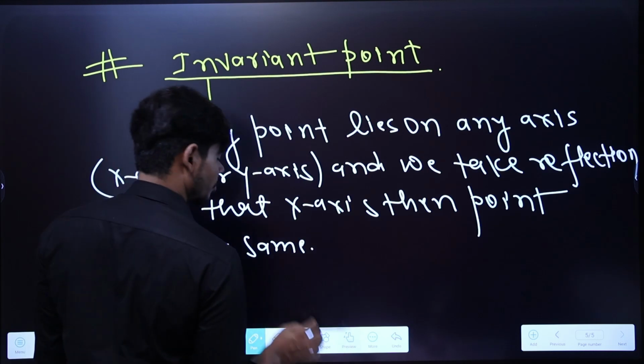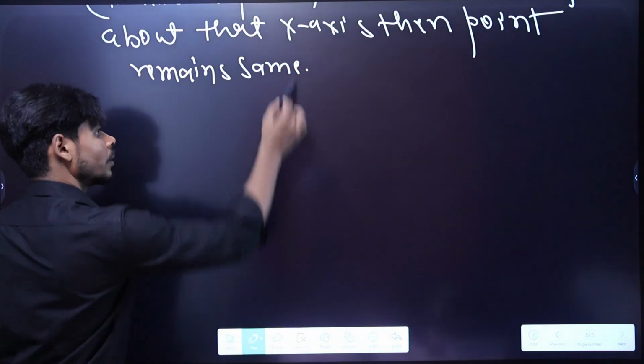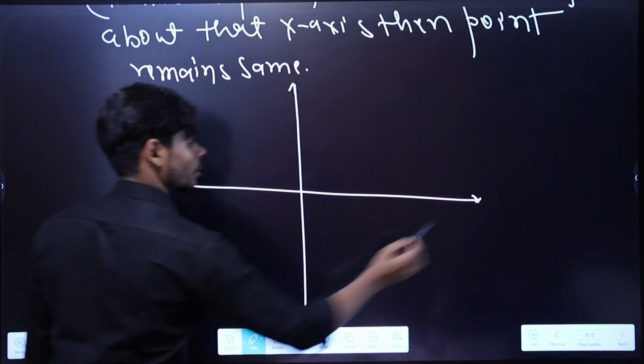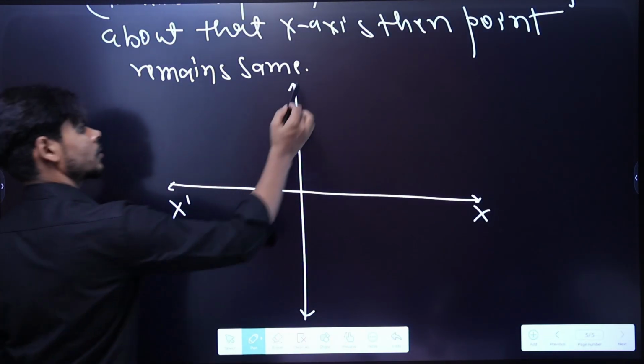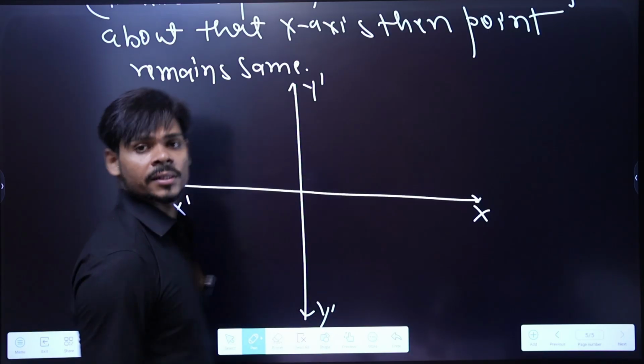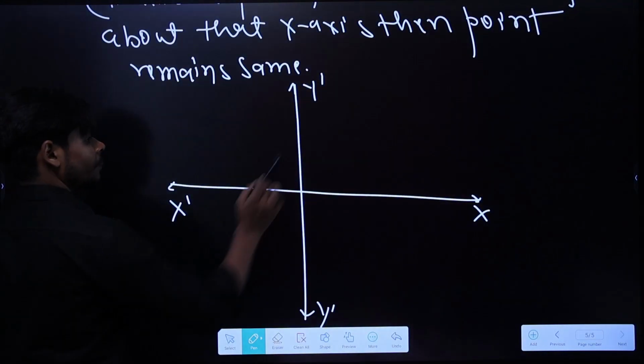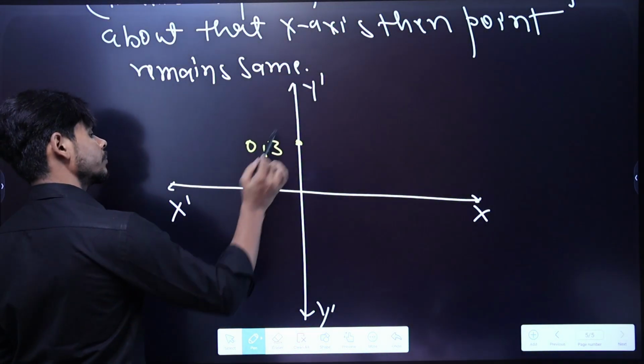Let me make it clear by giving an example. This is your y-axis and this is your x-axis. This is your x and this is your x dash. This is your y and this is your y dash. Fine. Now let's take an example of a point 0, 3.